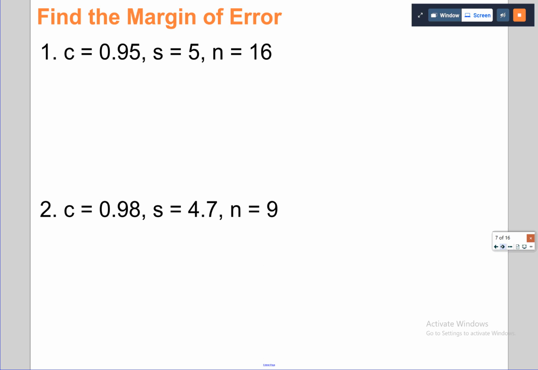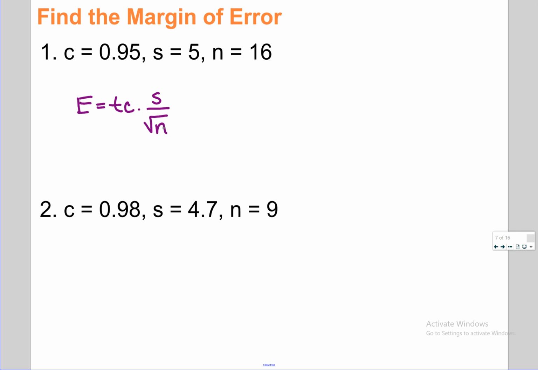All right, so calculating the margin of error, let's practice. We're using the following formula: critical value of T, sample standard deviation, divided by the square root of n. So you need to use your chart to find that critical value of T using the given information. I have a confidence level of 95%.